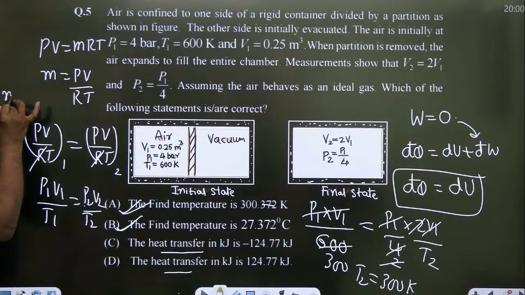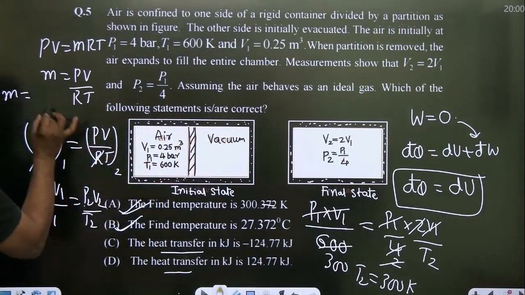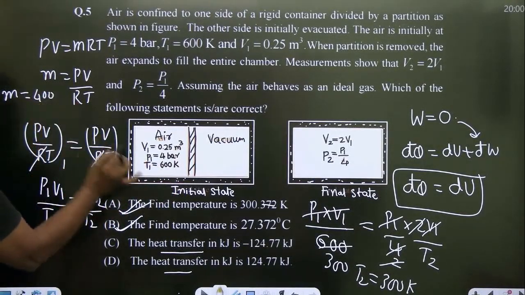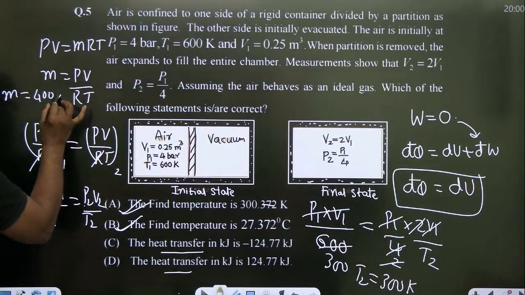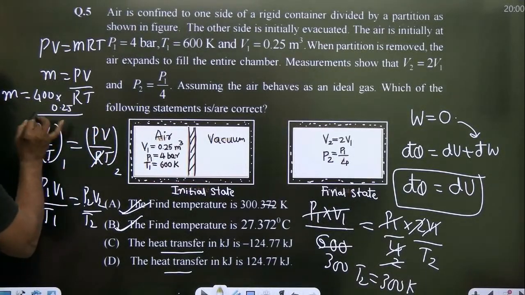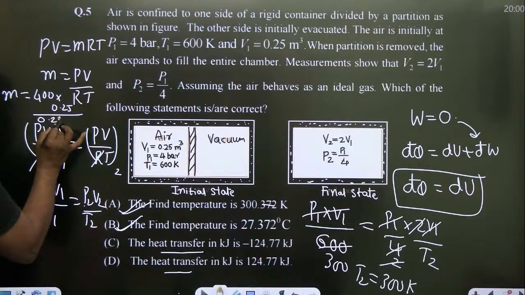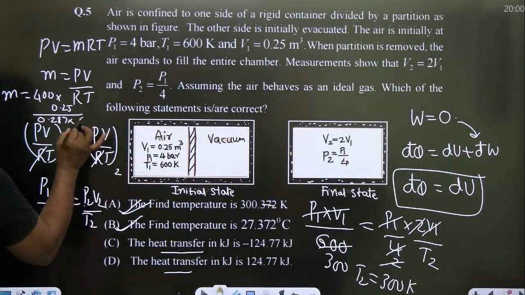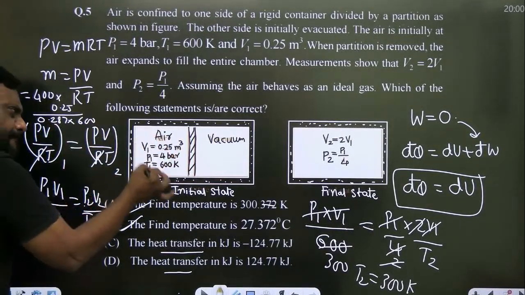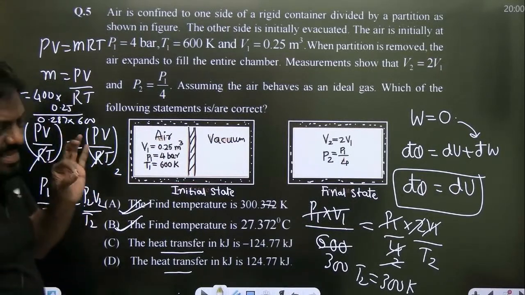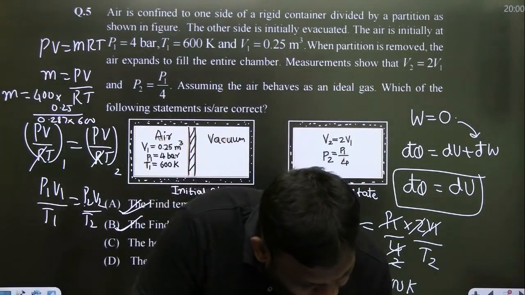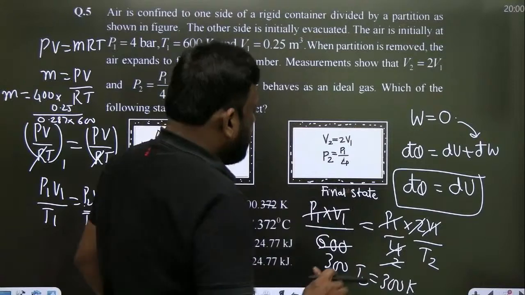So mass is equal to pressure 400 kilopascal, and volume 0.25, by R 0.287 into temperature 600. ध्यान से सुनो सर, यहाँ सब पता है. I can calculate mass. मुझे mass आ रहा है 0.5807.